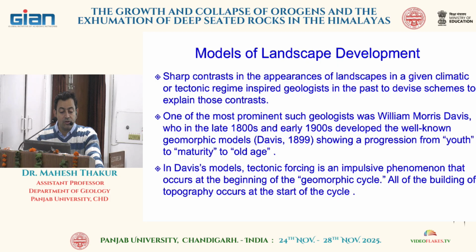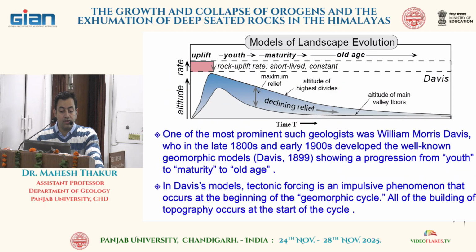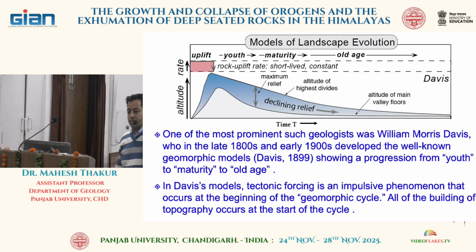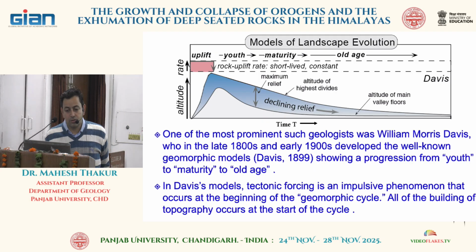All of the building of the topography occurs at the start of the cycle. So the tectonic forcing or the uplift happens in the beginning, and then slowly there is a decline, and the landscape evolves from youth, maturity, and old age.